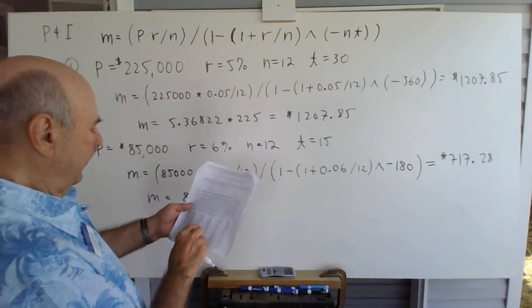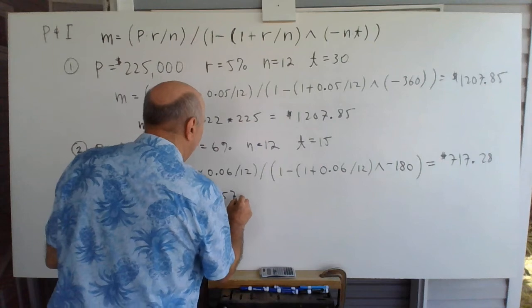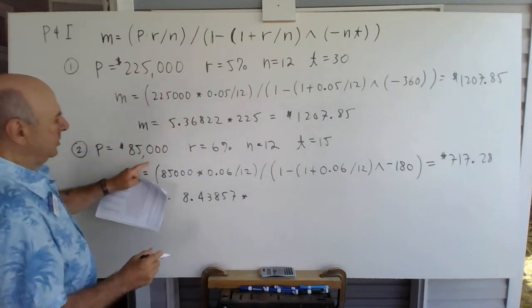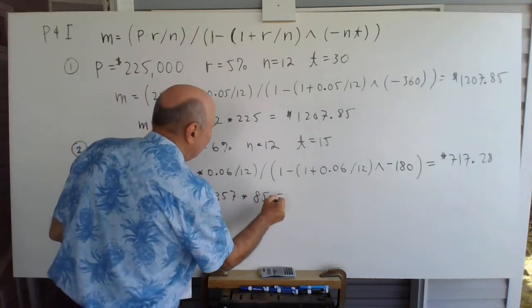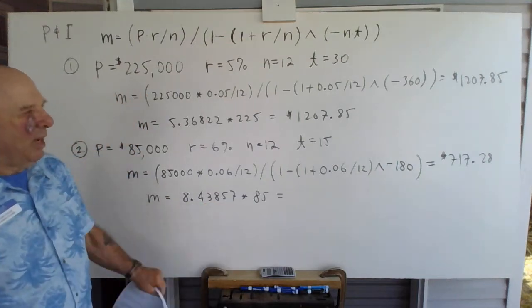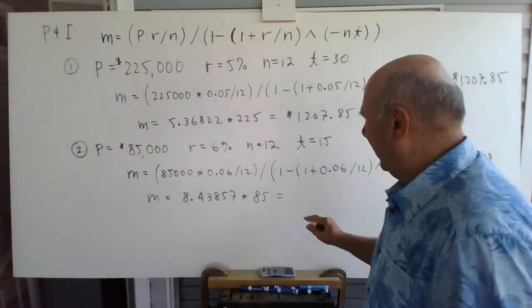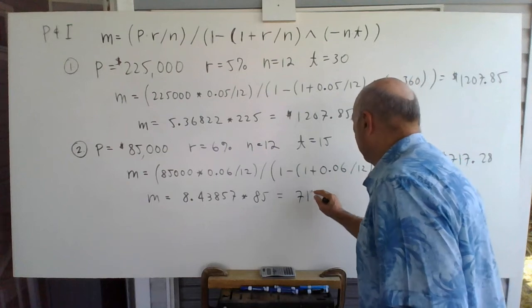Double check that, 43857, and now the number of thousands is 85. And you can double check this when you multiply that out. Guess what you get? To the penny, the exact same number.